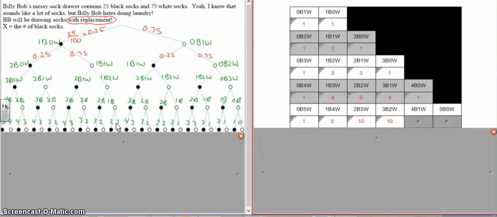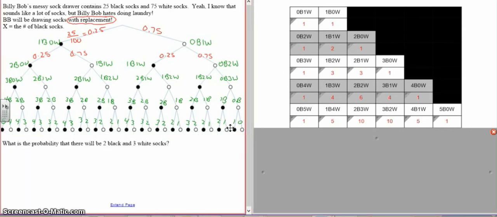There's 1, 2, 3, 4, 5. And lastly, for 5 black socks, there's just this one branch. So hopefully you can see that these numbers follow Pascal's triangle.